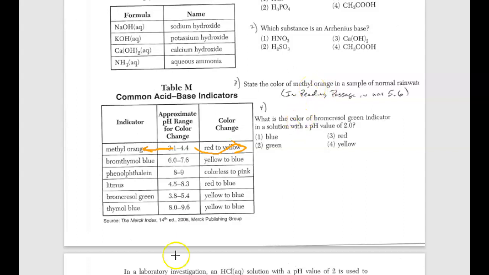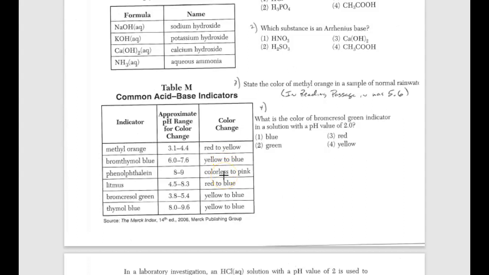For number 4, we're asked the color of bromcresol green with a pH value of 2. So now I go to bromcresol green. Here it is. Again, every single one of these has a transition, and then what it's changing from what color to what color. You need to know the in-betweeners, right? Red and yellow make orange. Yellow and blue make green.